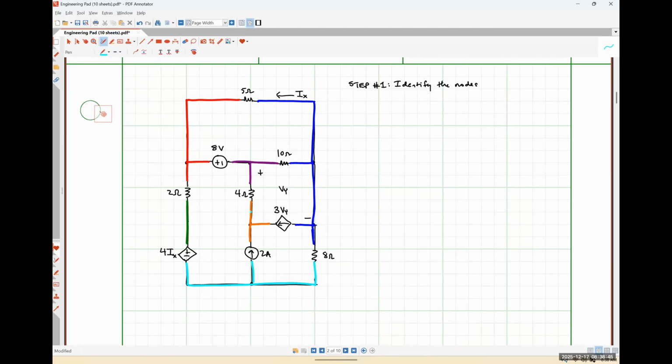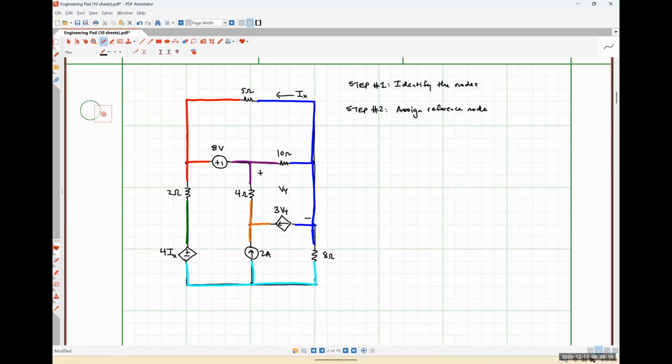All right. So our next step is going to be to assign our reference node, just like it was before. Okay. And I'm going to talk a little bit about this. So in the prior example, when we only had current sources, I said that the best choice for the reference node is usually the node that touches the largest number of circuit elements.